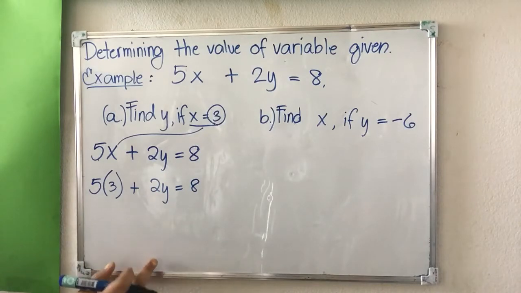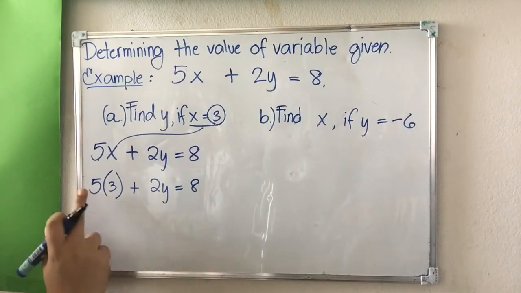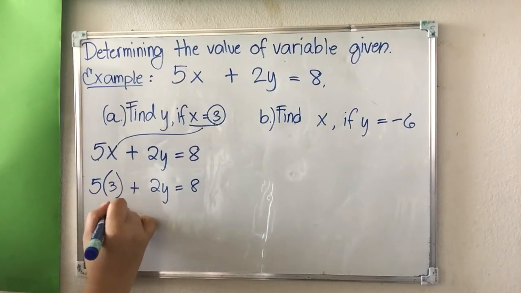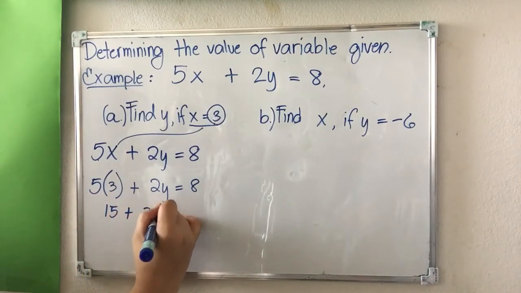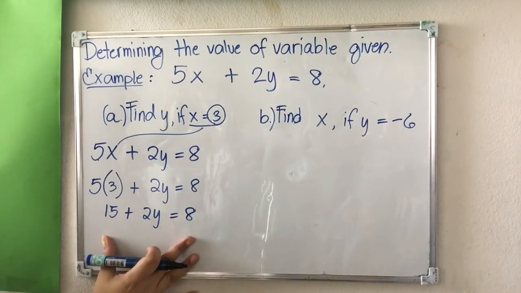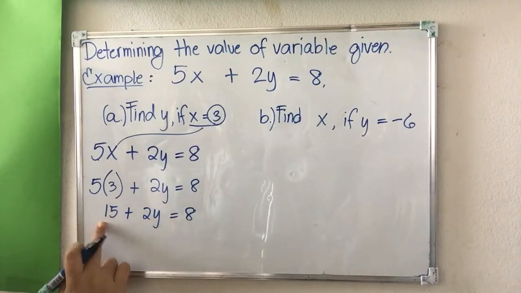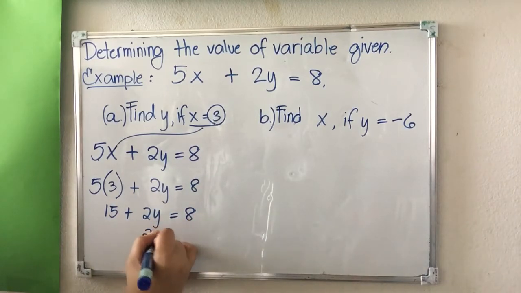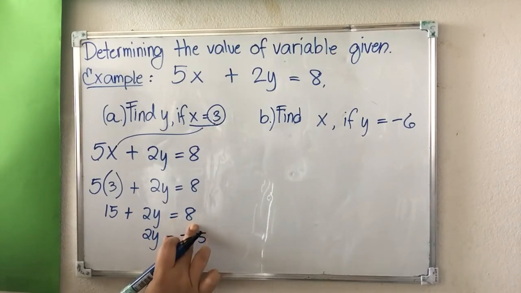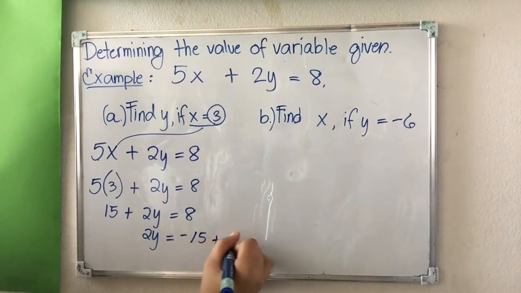Alright, so we have 5 times 3, that is 15, plus 2y is equal to 8. Now this one, we are going to move 15 to the other side. So what's left? We have 2y is equal to negative 15 plus 8.